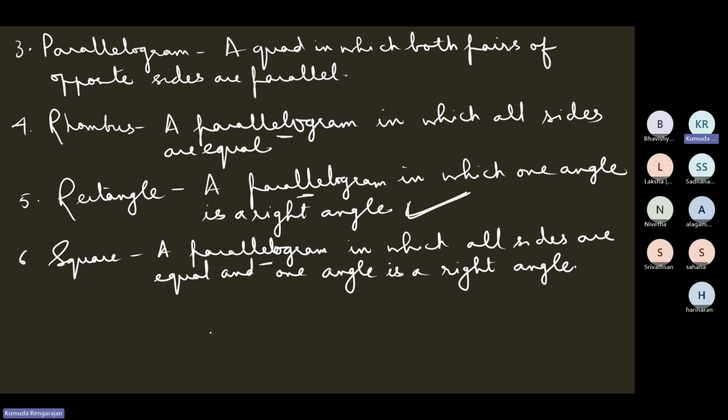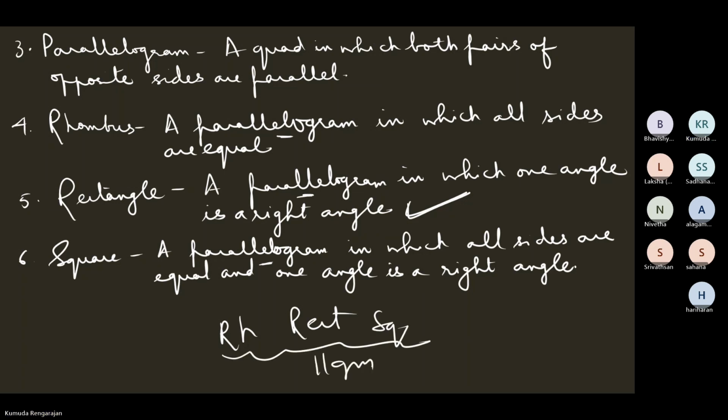Then in the parallelogram, if one angle is a right angle, it's a rectangle.